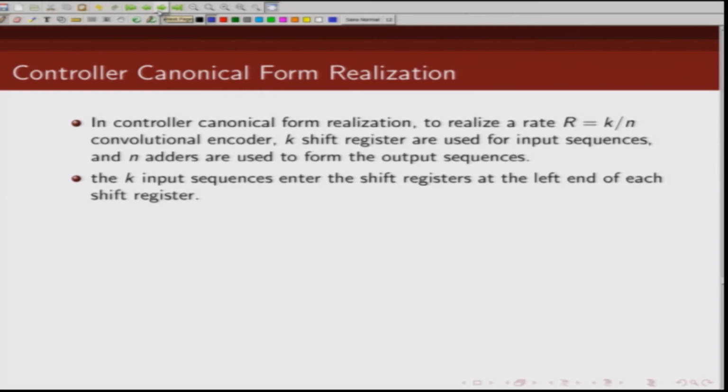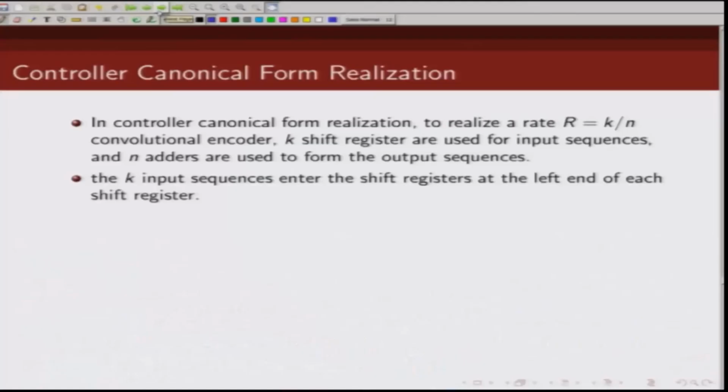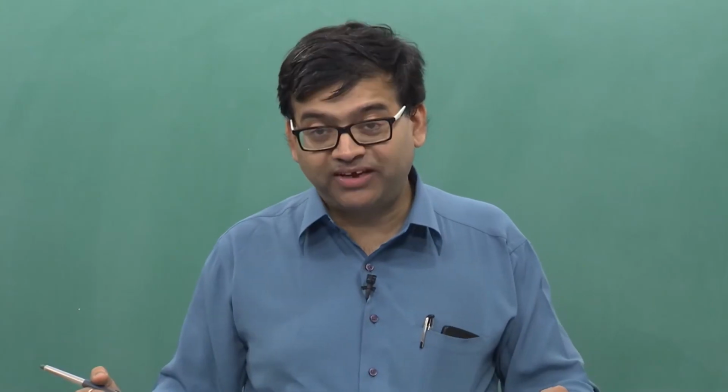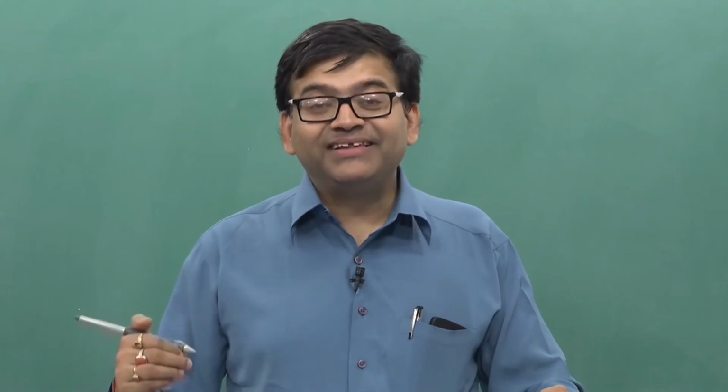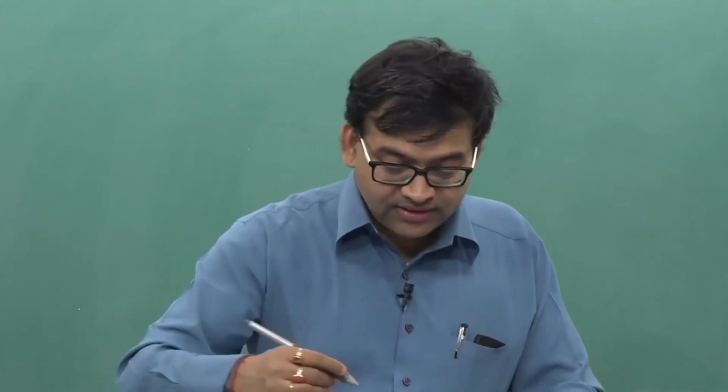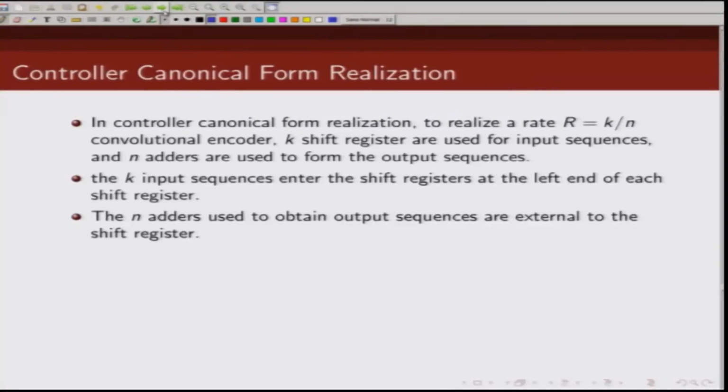In this case, the k input sequences enter the shift registers from the left hand side, and we take the output from the right hand side. The next point to remember here is that in a controller canonical form realization, these n adders that are used to obtain the output, the coded sequence, are external to the shift registers. So, they are not inside the shift registers.